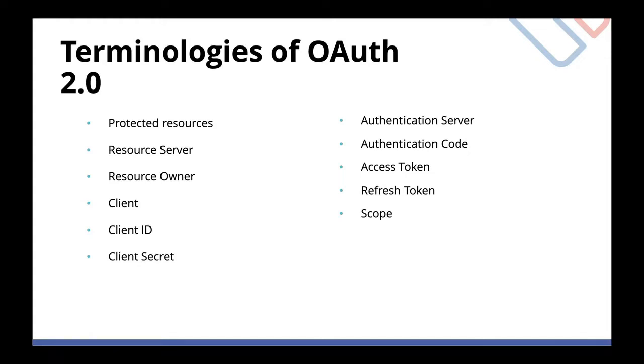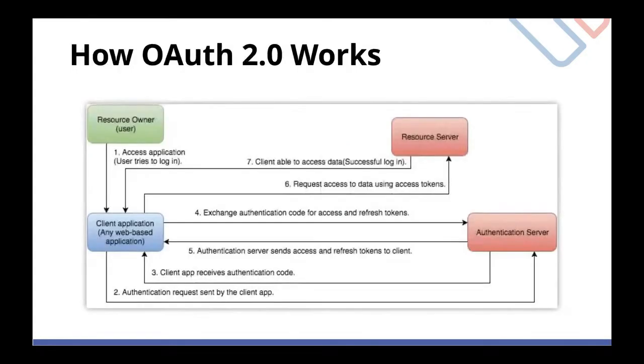Now again let us go back to the flow chart and understand how this API works, right? There is a resource owner. The resource owner is authorizing the client application to access the resource server. The client application for the first time is getting the authentication code from the authentication server. So there is an authentication request sent to the authentication server.